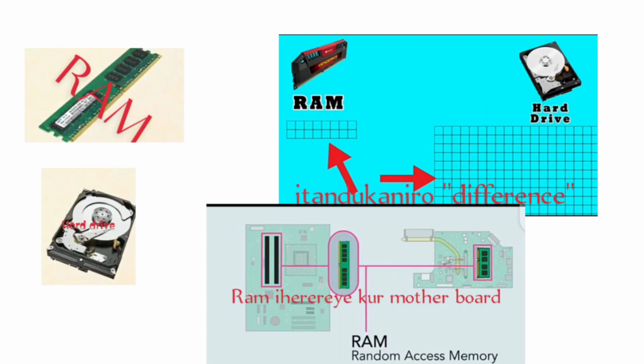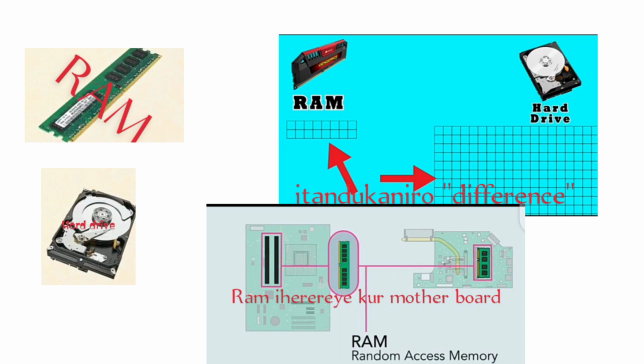So the next one, we have RAM, or random access memory. RAM and hard drive and disk drive are storage, but there is a difference between RAM and hard drive.